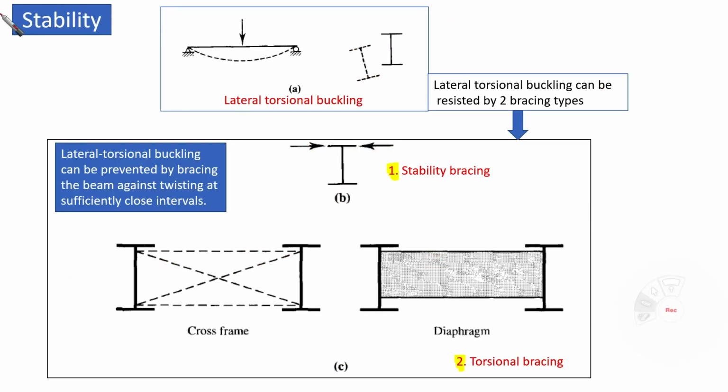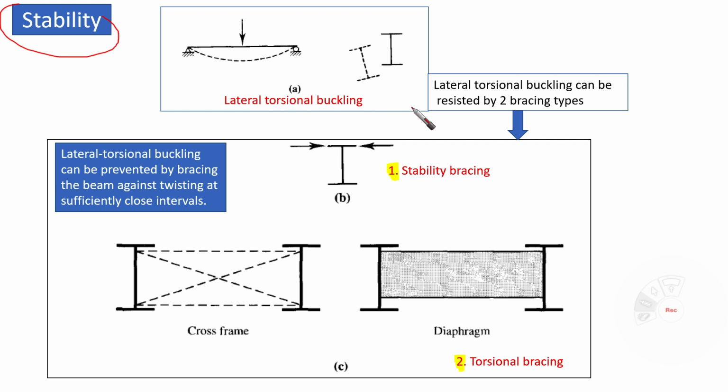Okay, so if we have this idea now of the instability as we have discussed in the previous slide, this means that we need to stabilize this lateral torsional buckling phenomenon. So we need to discuss the stability of this lateral torsional buckling.